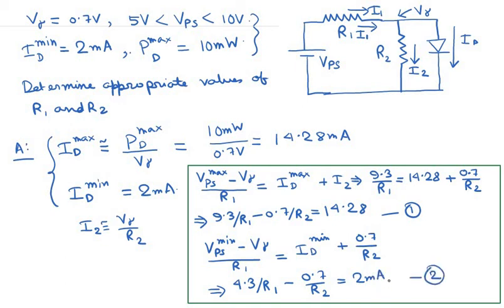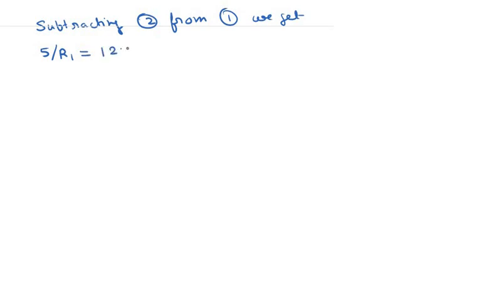So we subtract equation 2 from equation 1. Subtracting 2 from 1, we get 5 divided by R1 equals 12.28.